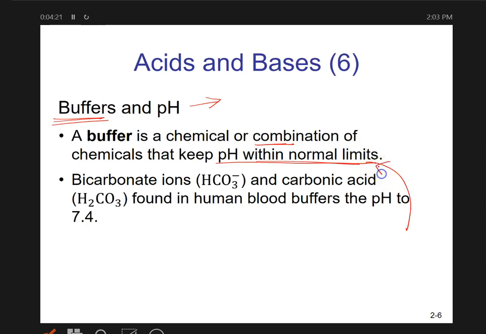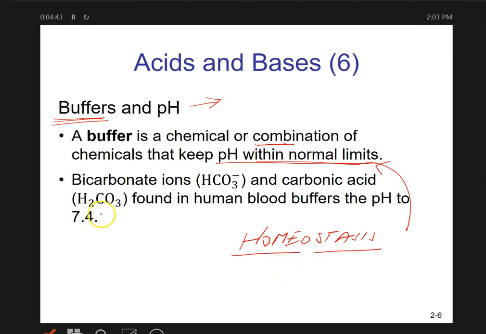This is especially important for biology, because in biology we come across the word homeostasis. And what is that? Homeo means constant. Stasis means state. So all living things maintain a constant, stable internal environment.